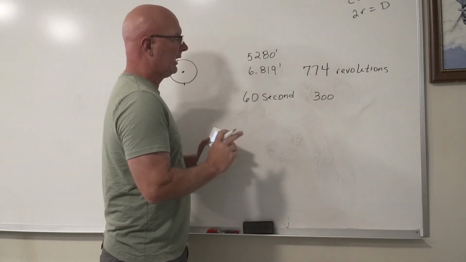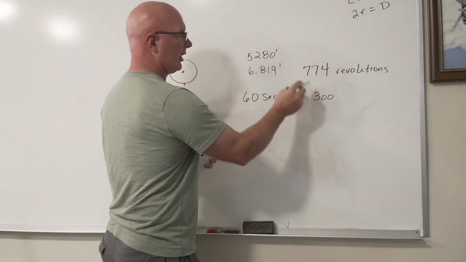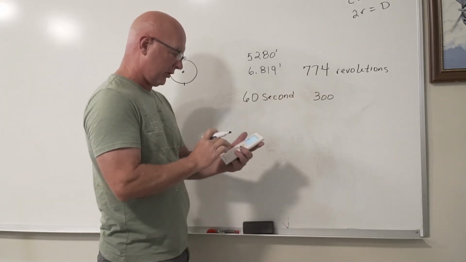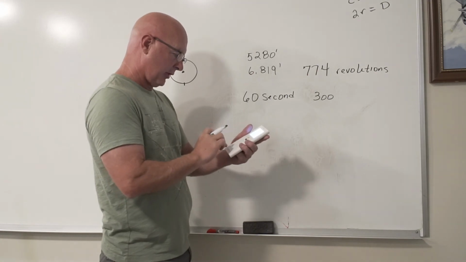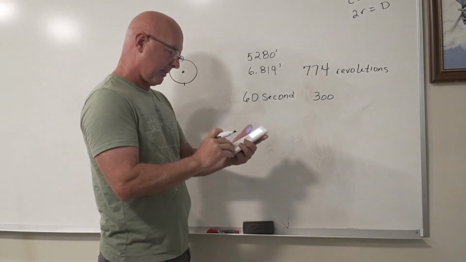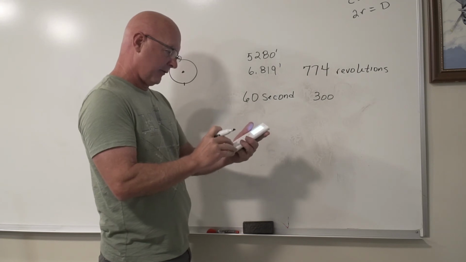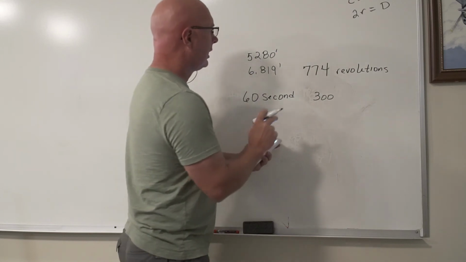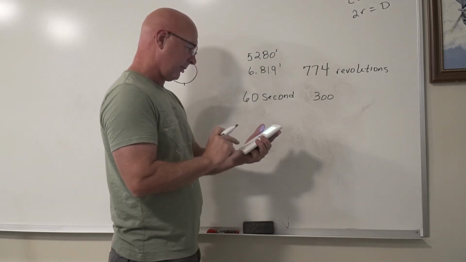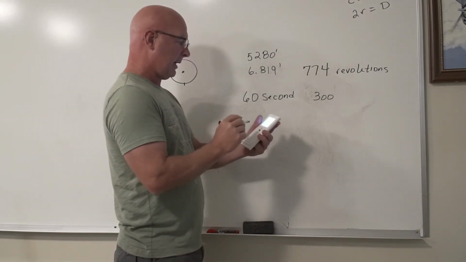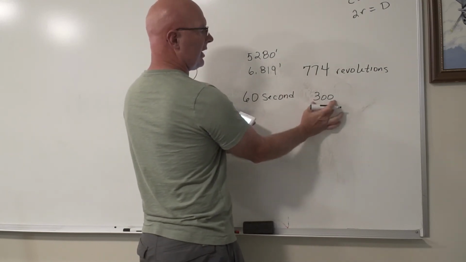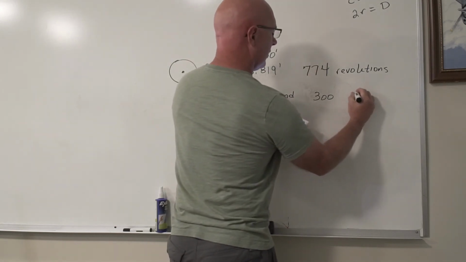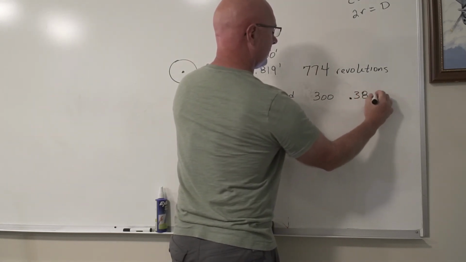So now what we need to know is how far did we go? How much of a mile did we cover if we only turned 300 revolutions? So if we take 300 and divide that by how many revolutions we go in a full mile, 774, that means that if we turn 300 revolutions in 60 seconds, then we went 0.38 miles.